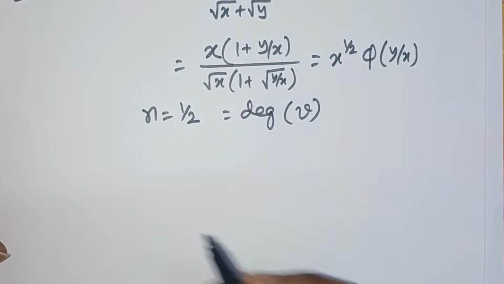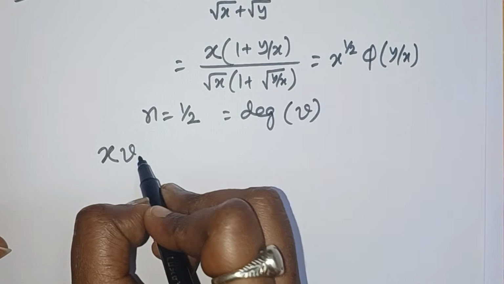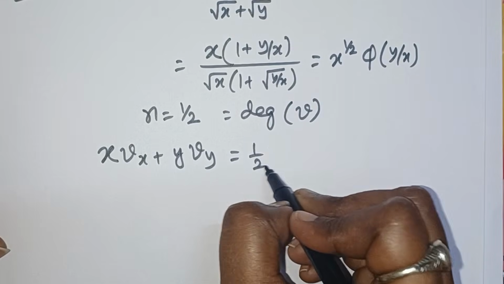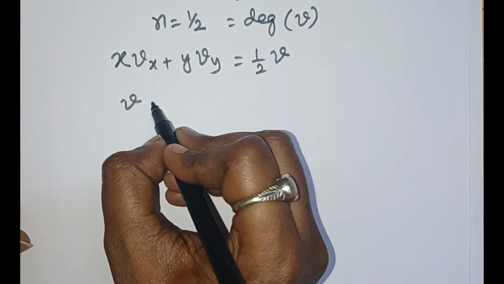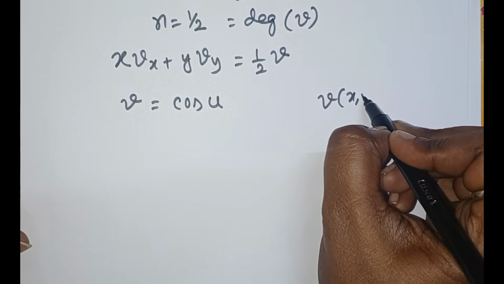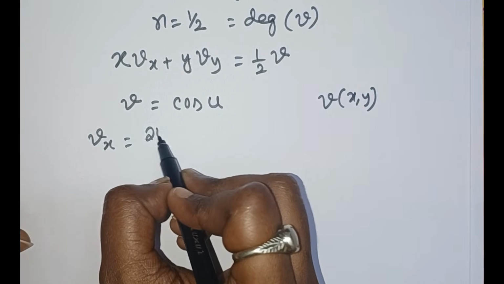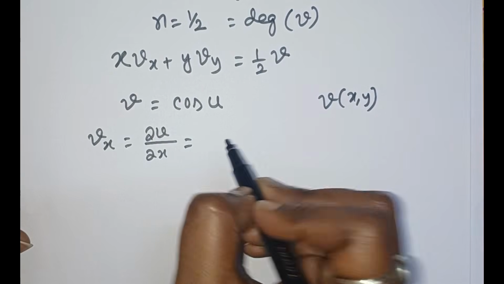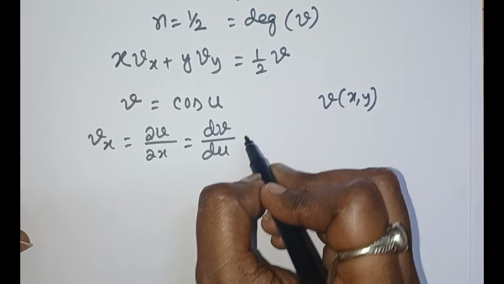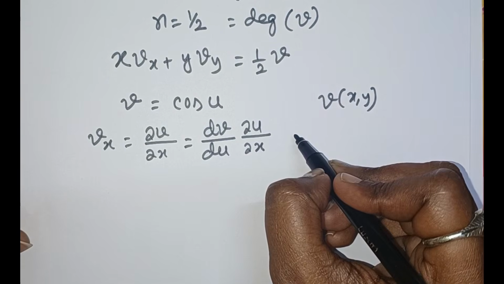Now we have to apply Euler's theorem on the function v. So write x Vx plus y Vy equal to nv and n equal to half. Now we have to calculate Vx and Vy. Since v equal to cos u and v is a function of x and y, hence Vx, that is del v del x, equal to dv du and del u del x by using chain rule.